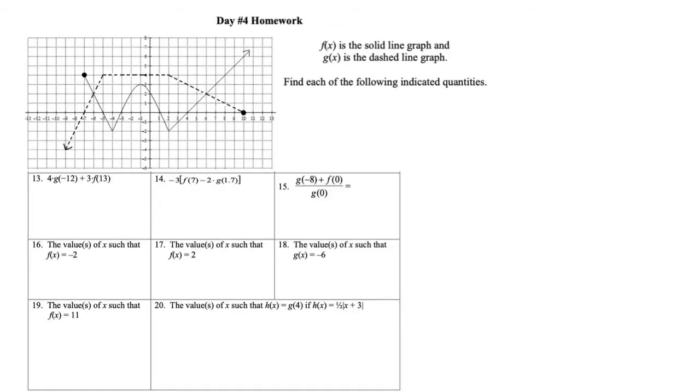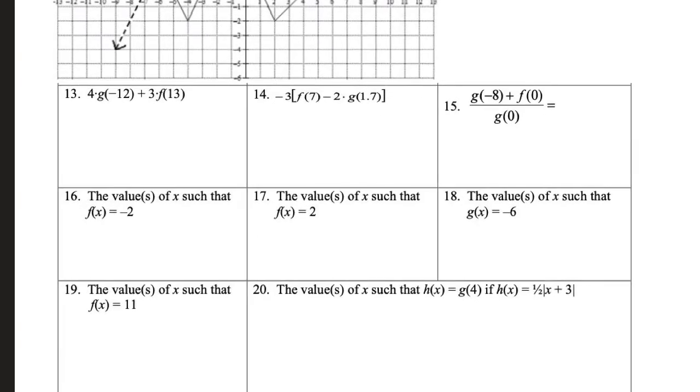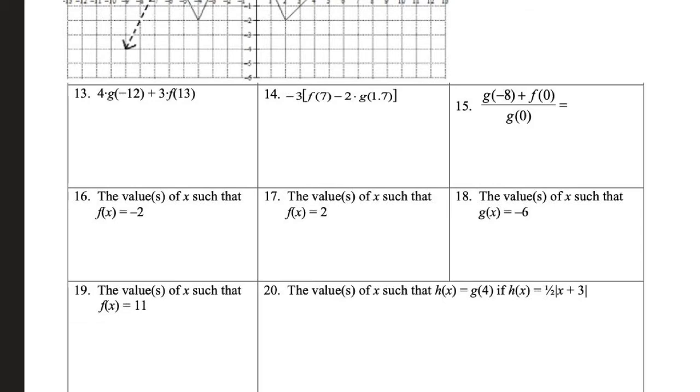Okay, these have got a little bit more to them. For these problems, number 13, you're going to have 4 times negative 10 plus 3 times 9. And that's going to give you negative 13.